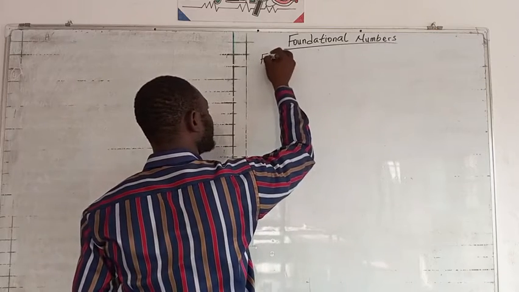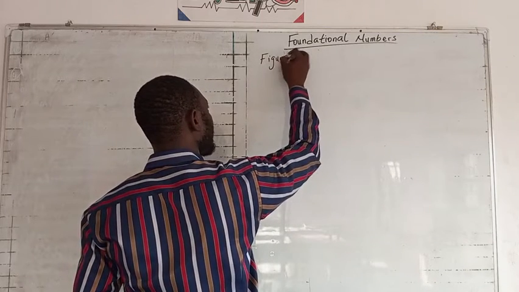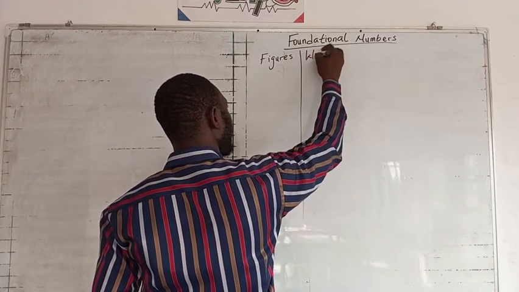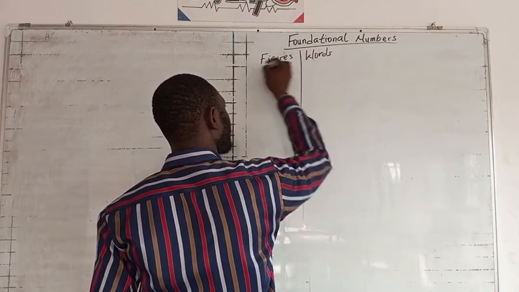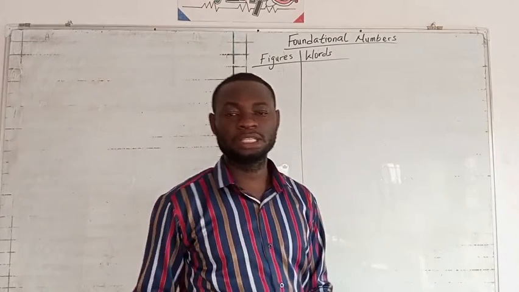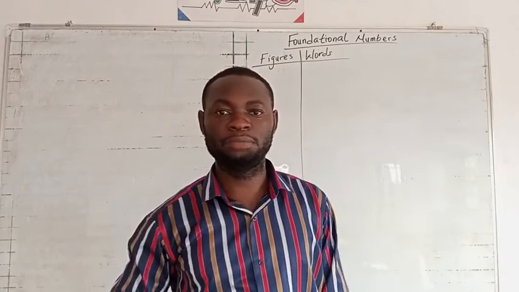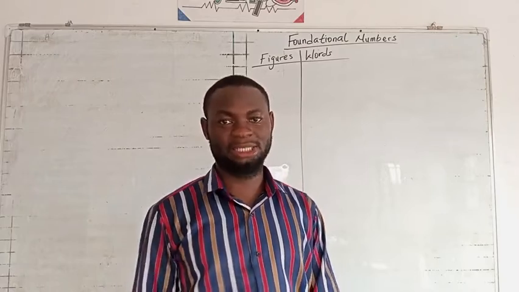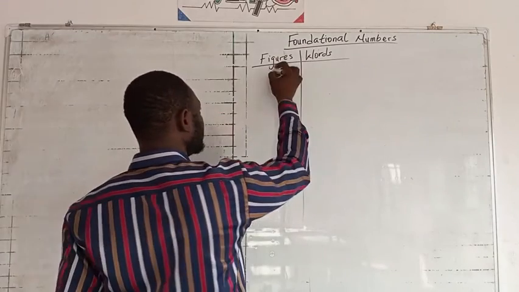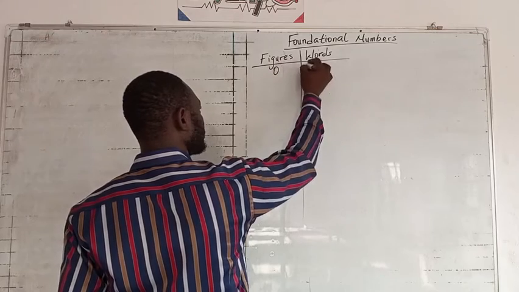We have figures and words. The foundational numbers include the unit numbers up to 20. I'll be adding 0 as a foundational number.